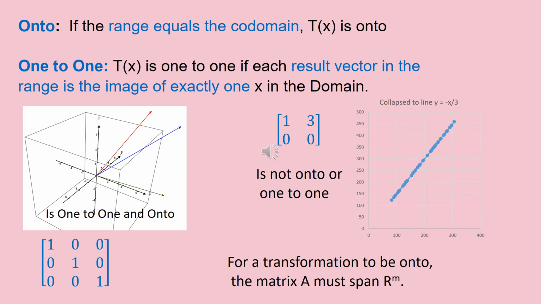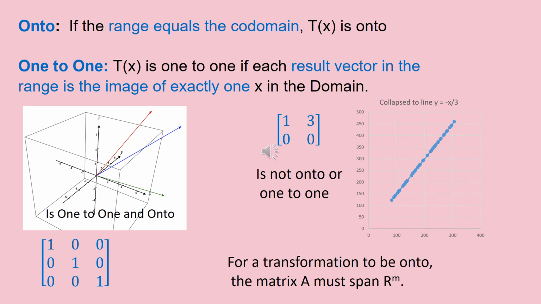The RREF of the matrix A can tell you a lot about whether or not a transformation is one-to-one or onto. When we RREF'd our 3 by 3, we got the identity matrix showing us that all three of those vectors that we're mapping, I, J, and K, are linearly independent.